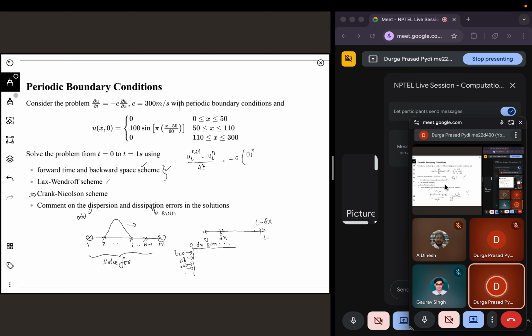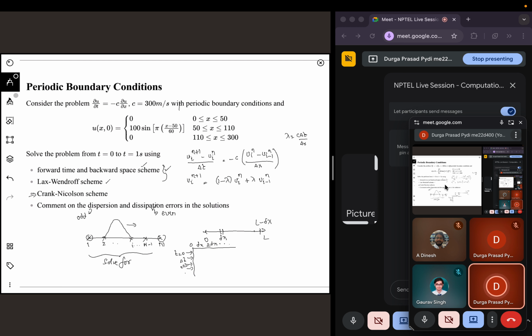So this will be (u_i^n minus u_(i-1)^n) by delta x. So this is backward space. So if lambda is c delta t by delta x, this becomes u_i^(n+1) equals (1 minus lambda) times u_i^n, and then we have lambda times u_(i-1)^n.